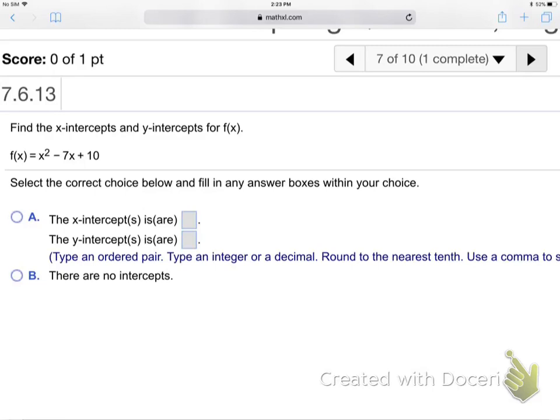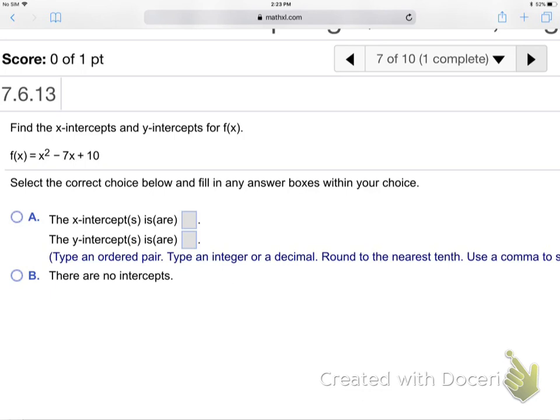All right, let's try this one, number 7. I would use decimals, by the way. So when you do your -b over 2a, you'll get 3.5. Use 3.5 as your x. Just use the decimal.